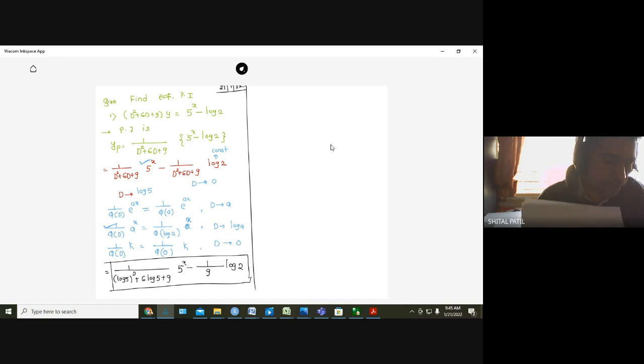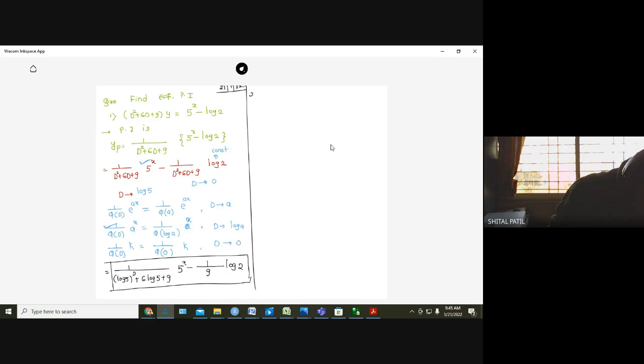Okay, next example. D raised to 5 minus d y equal to 8 raised to x plus 2 raised to 3x.